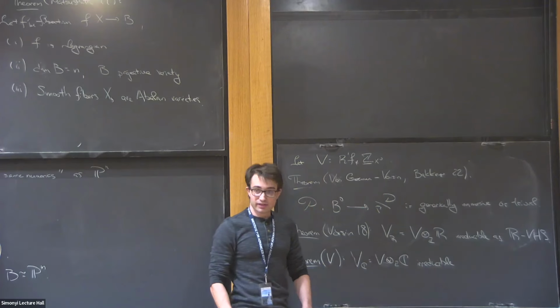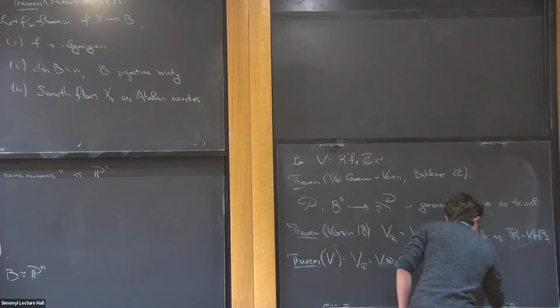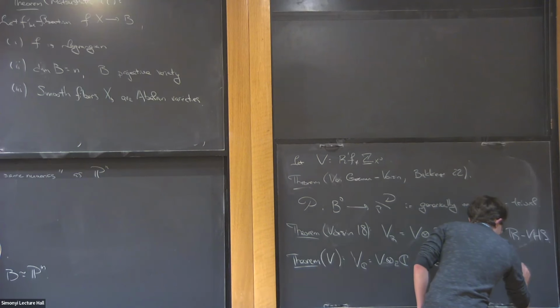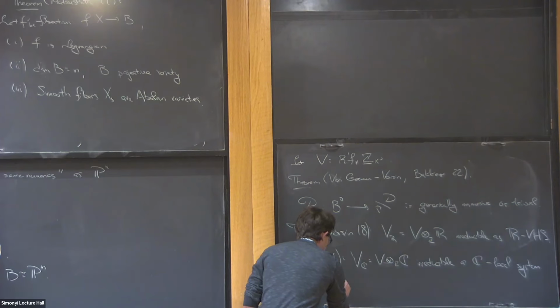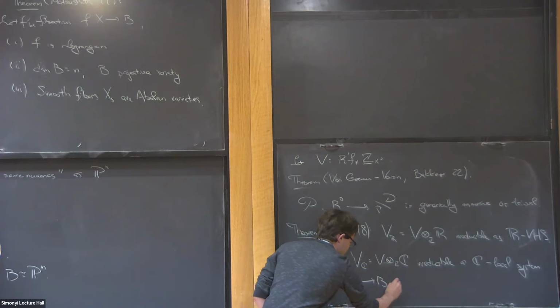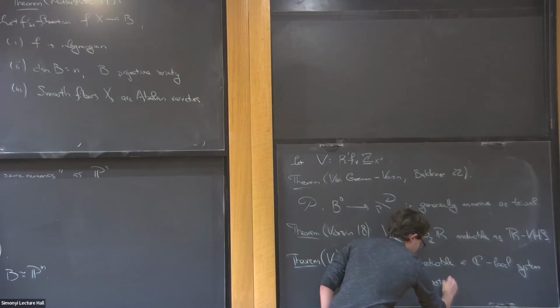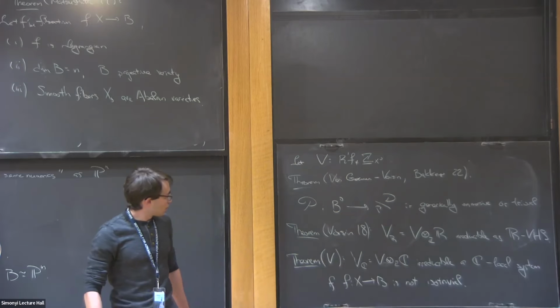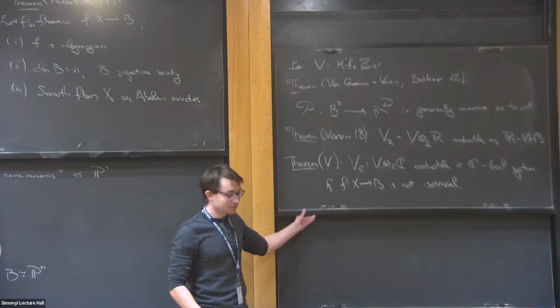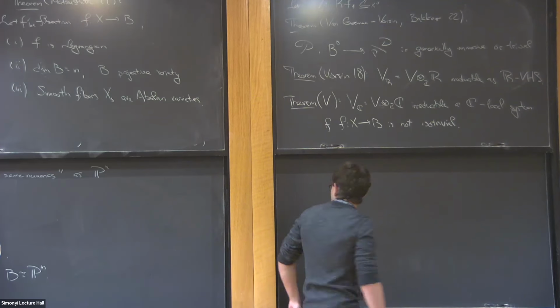And I claim, moreover, it's not just irreducible as a complex variation, it's also irreducible as a complex local system, provided that the fibration is not isotrivial. Okay, is that very reflective of the statements? Right.